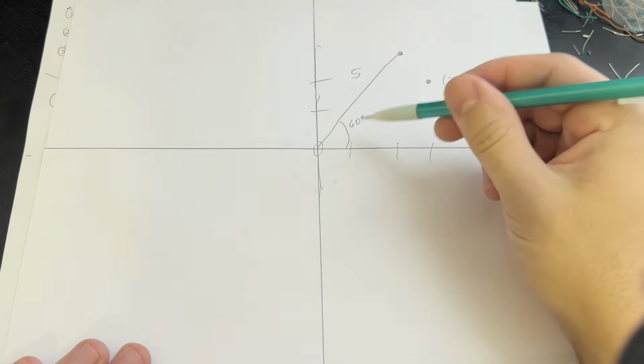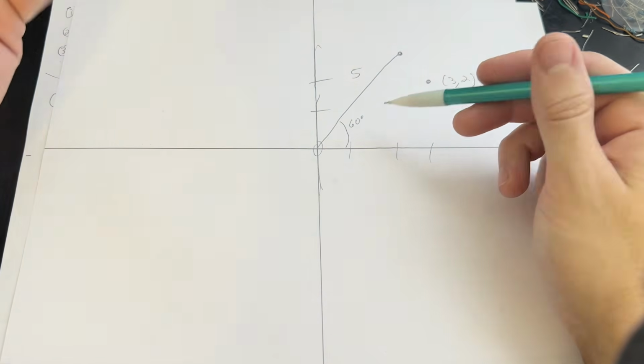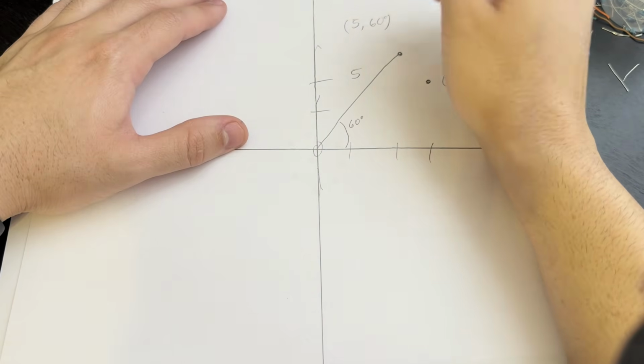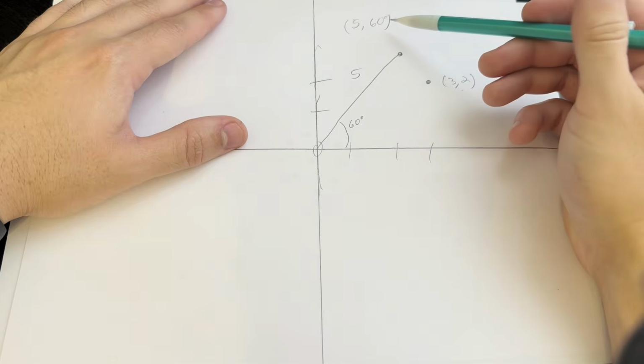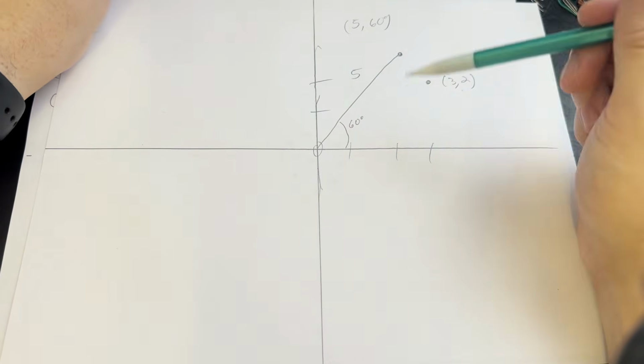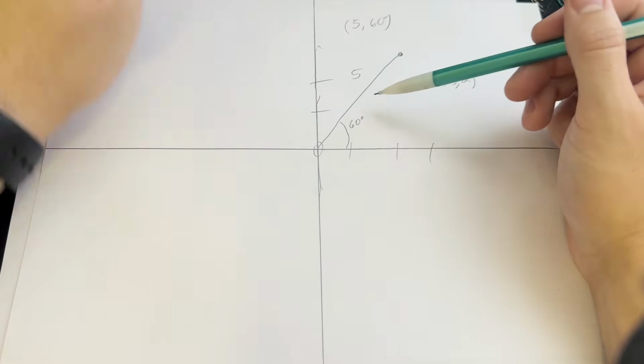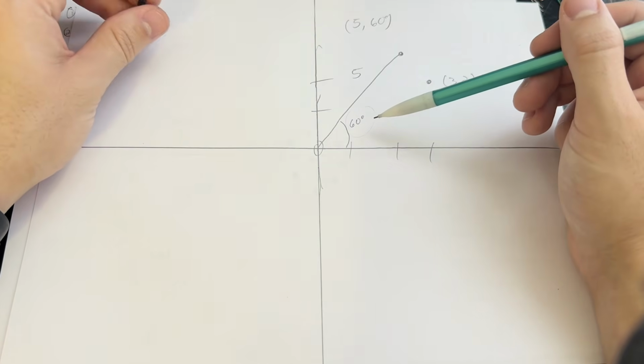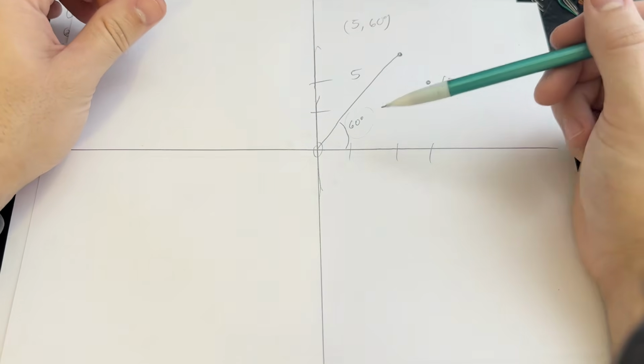So we can write this in a different coordinate system called polar coordinates. We write 5, 60 degrees. Instead of going across the x and y-axis, we have this radius, and then the angle at which the radius is corresponding to the origin.